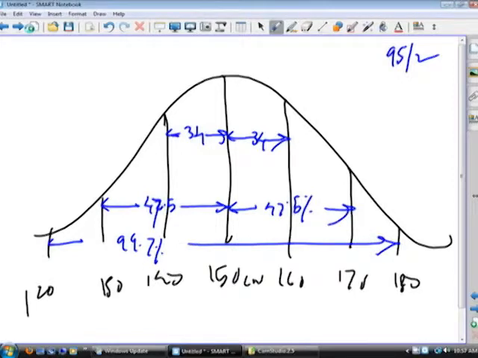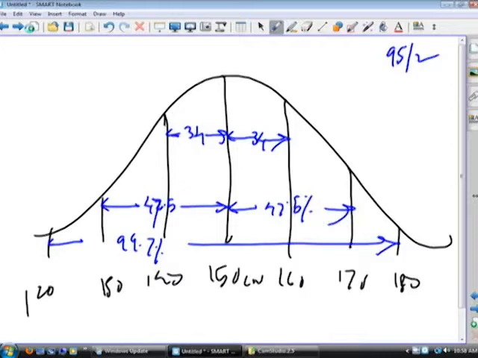Now we know that the 34% is one standard deviation away from the mean. If we know these figures by heart, then you can find the probability by just looking at the example.